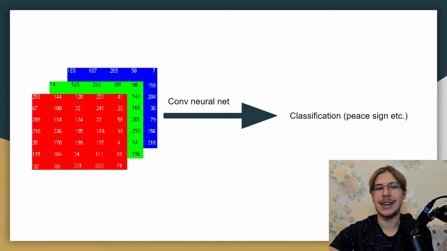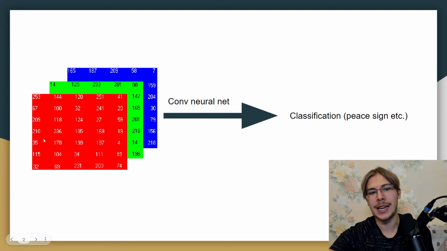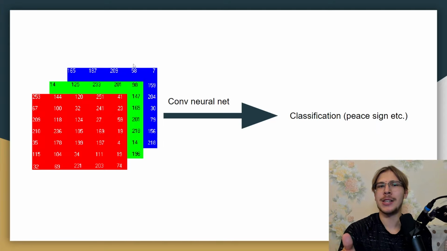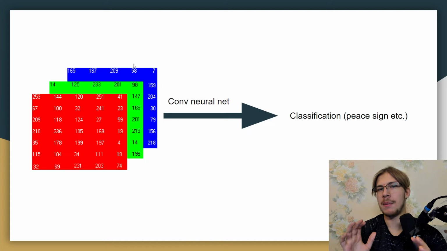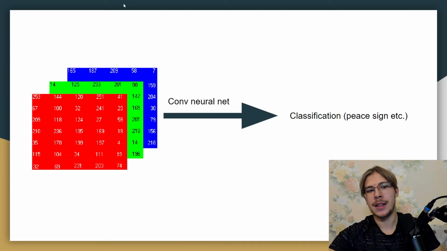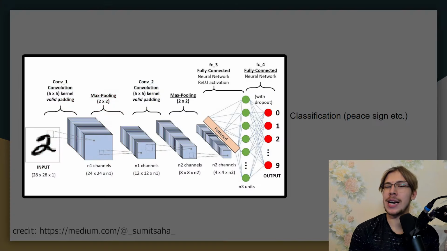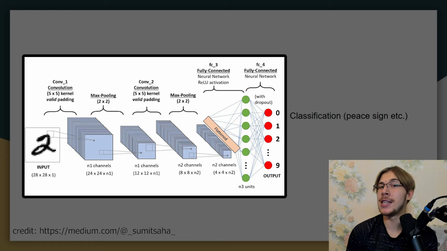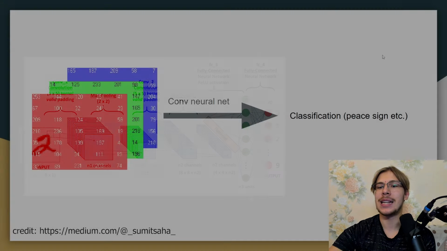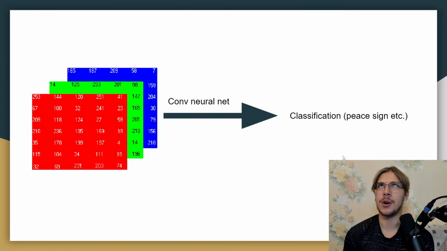At least it's a very well-known format, an RGB matrix. And we can get that with OpenCV by grabbing frames from the webcam. So we get this RGB matrix, which contains pretty much all of the information that's in the image. We pass that through a convolutional neural network, which is a special type of neural network that's optimized to work specifically well for images, and we get some sort of classification. So that would be the pixels first approach.